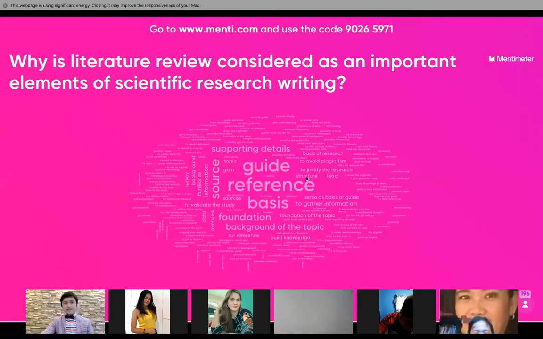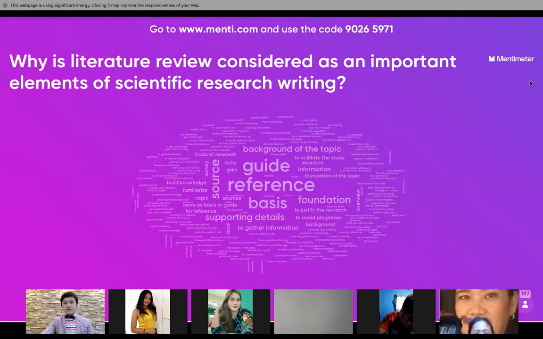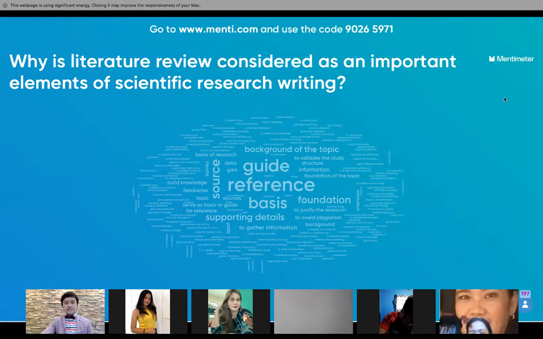Because the theories or the literature forms part of your theories, which will guide you in writing your research paper and will become as your reference, as your basis, as your source, as the foundation in writing your research paper. Specifically, this literature will become your source in determining what kind of problem you will be solving, either blind spot or blank spot.